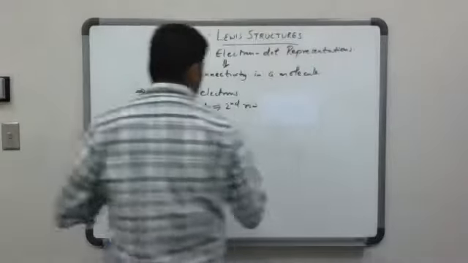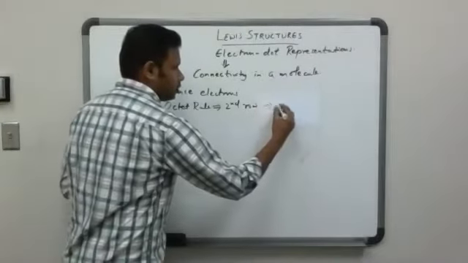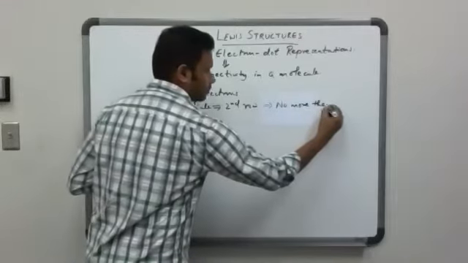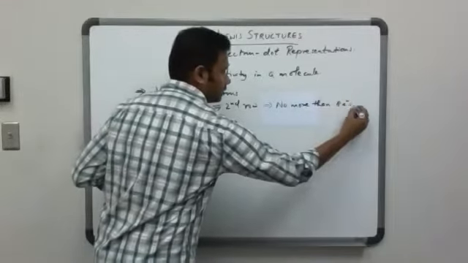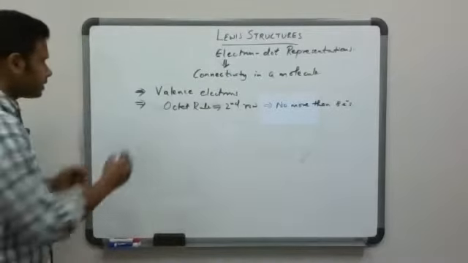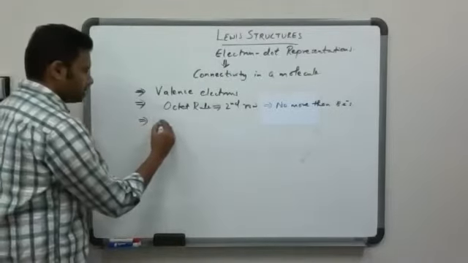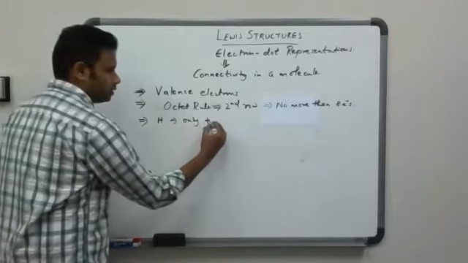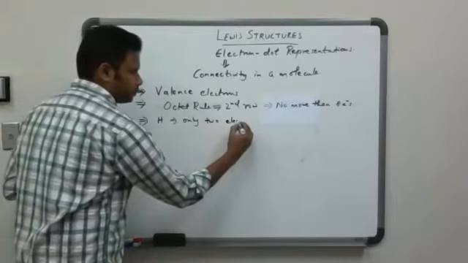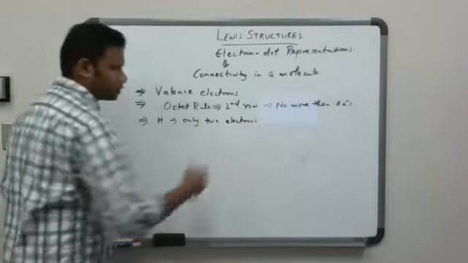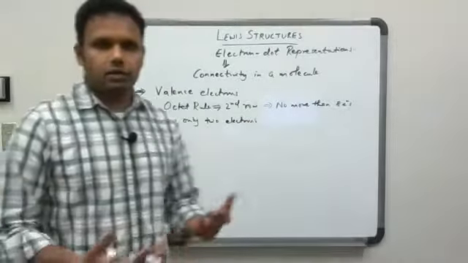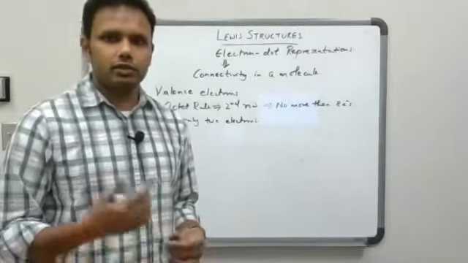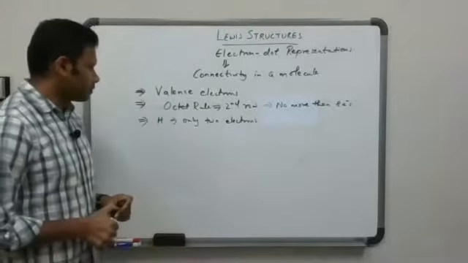For the second row elements, no more than 8 electrons. For hydrogen, only 2 electrons should be there. Hydrogen maxes out at 2 electrons, so 2 is where we're going to stop.